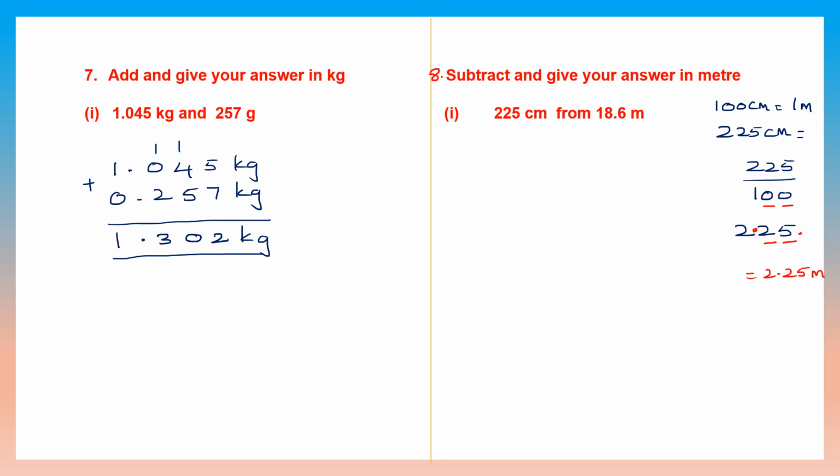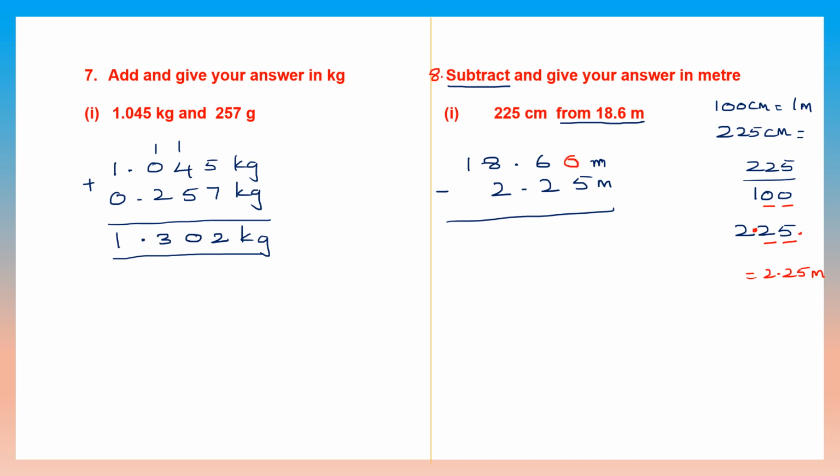We have converted it to meters. So now we can add and subtract accordingly. According to this question, we have to subtract. So when we say subtract from this number, we have to write that first. So 18.6 meters minus 2.25 meters. So we need to subtract. Since this is decimal subtraction, remember to make them like decimals before you subtract.